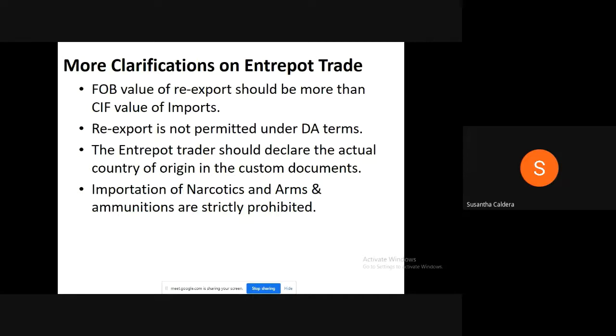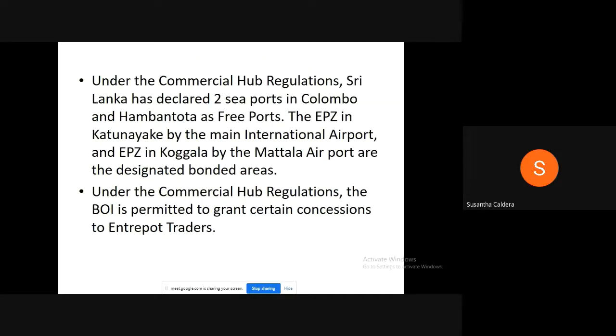Under the commercial hub regulations, Sri Lanka has declared 2 seaports, in Colombo and Hambantota, as free ports for this entrepot trading.